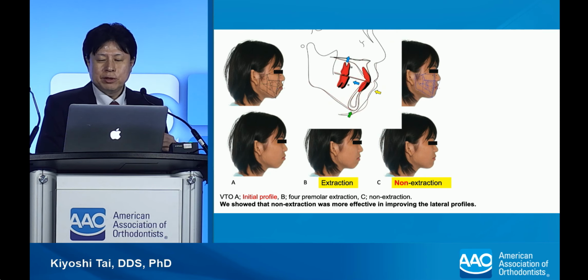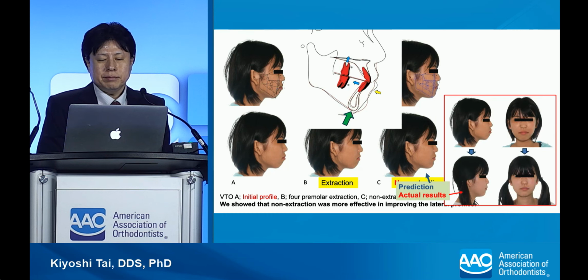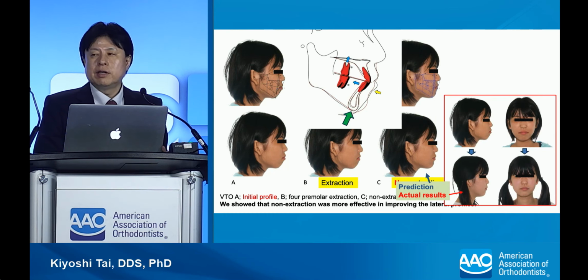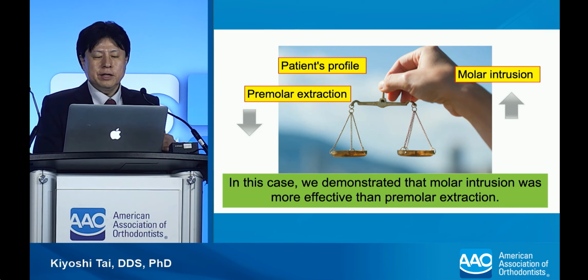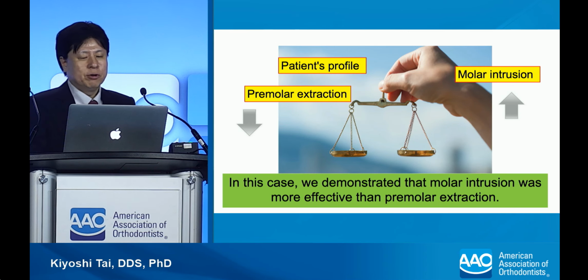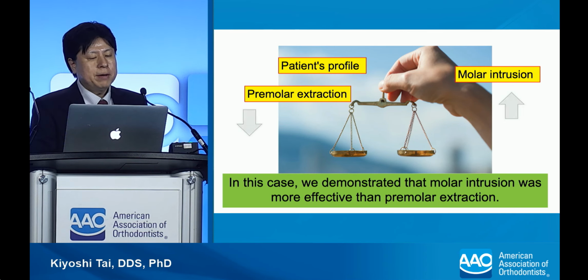In the superimposition, the green arrow shows the counterclockwise rotation of FMA. And here is the actual result. Here again, in this case, we demonstrated the molar intrusion was more effective than premolar extraction.